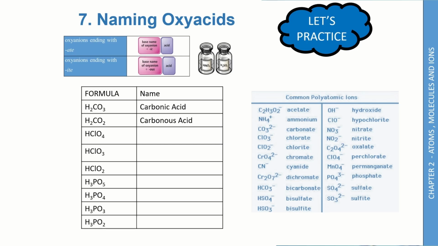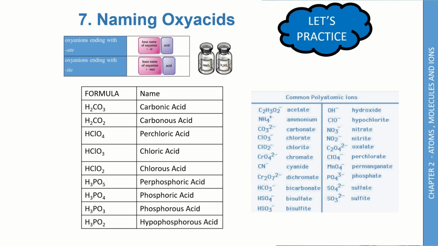That is perchlorate. So it will be perchloric acid. Good. There's chloric acid, chlorous acid, perphosphoric acid, phosphoric acid, phosphorous acid, and hypophosphorous acid. So the only thing that you need to memorize is: finish with ATE, we change to ic. Finish with ITE, we change to ous.